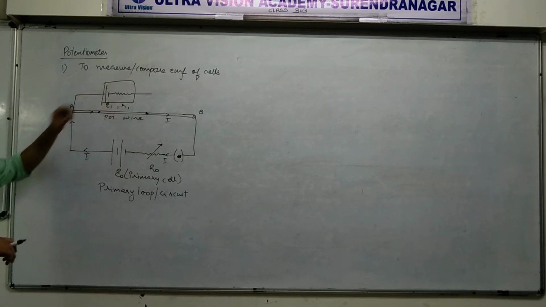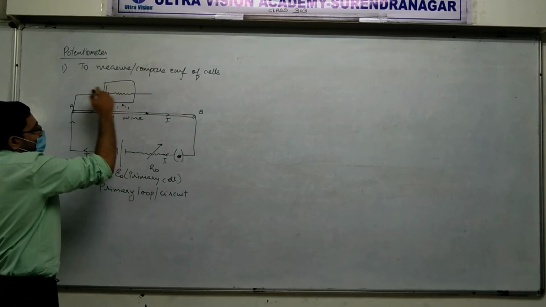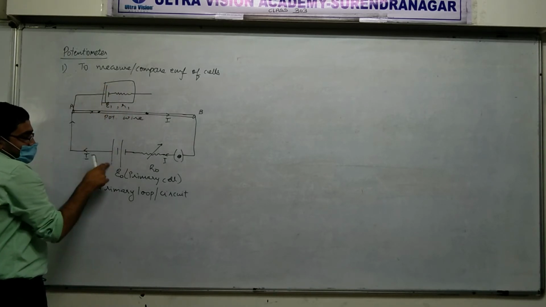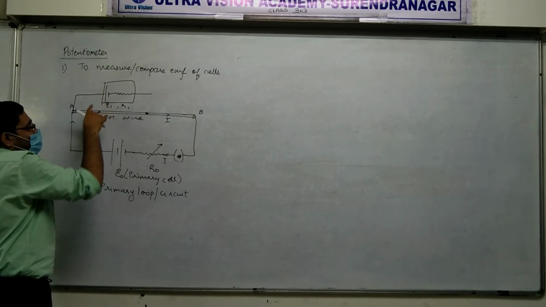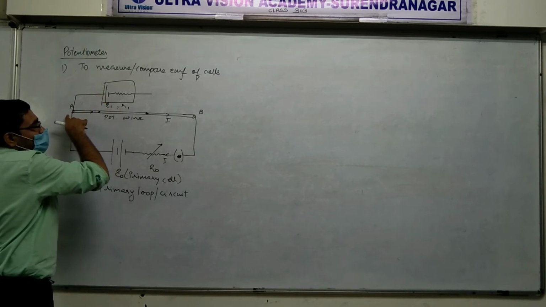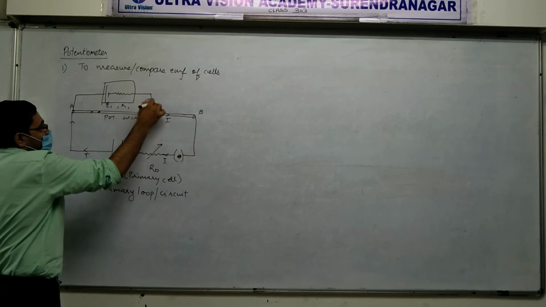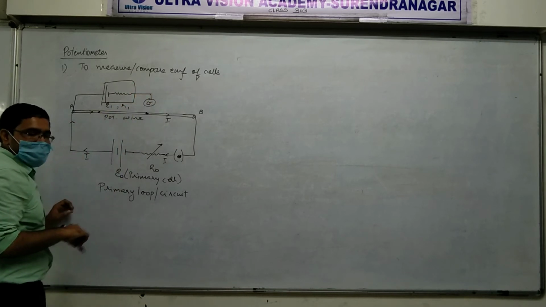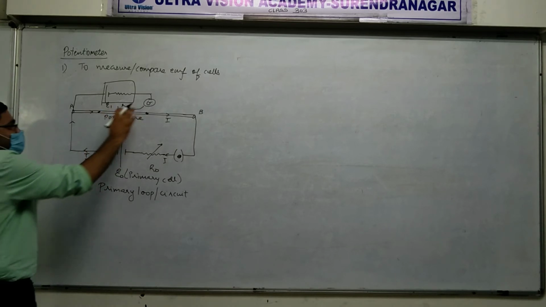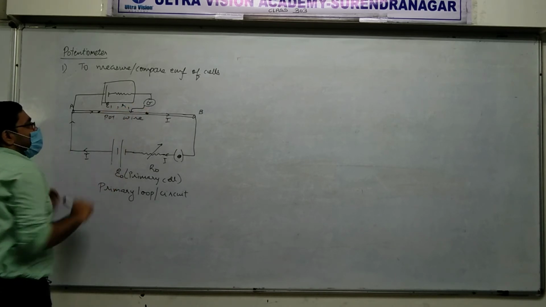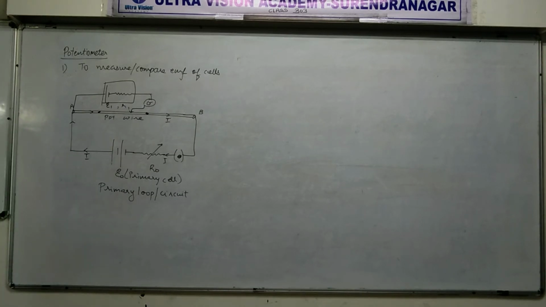That's what we want to measure. What we'll do is we will connect it like this over here, positive on this side, same as this side. So positive on this side, positive on this side. Both connected. And then once again, like it was in meter bridge, there is a sliding contact over here. Do you understand?